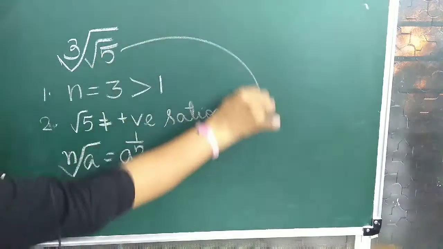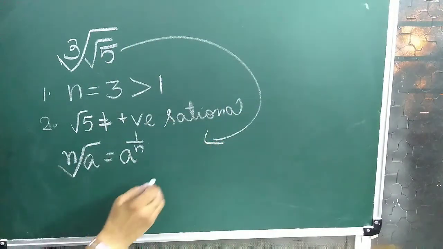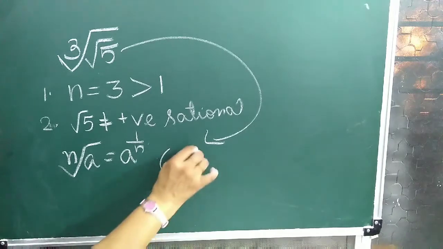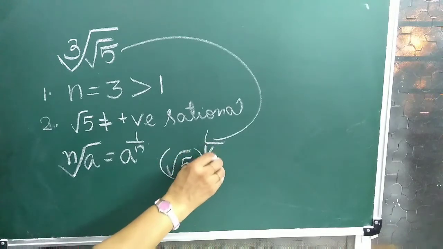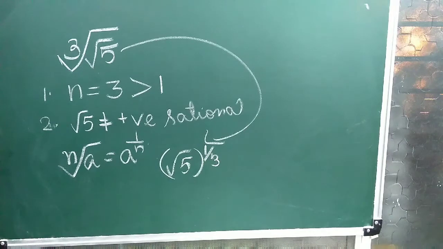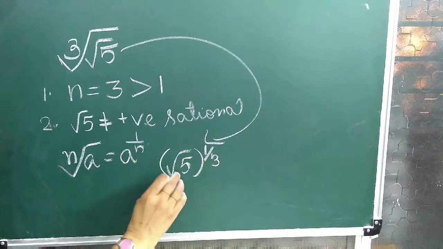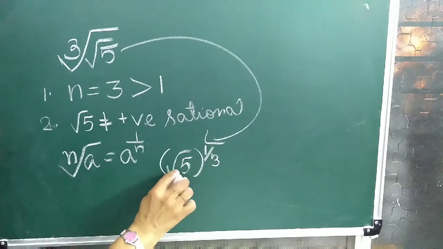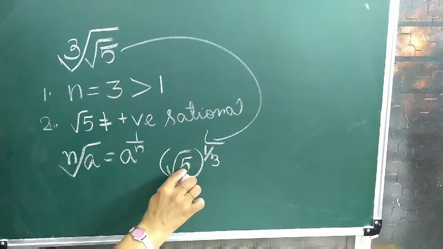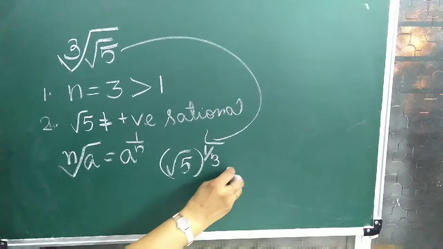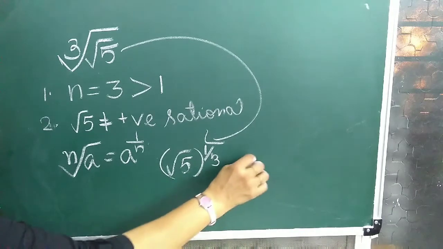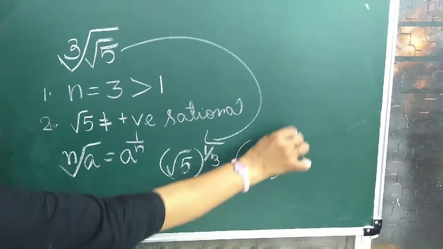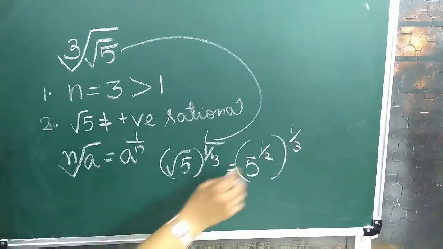So this number can be written as root 5 whole to the power 1 upon 3. And again we know this root 5, that is square root 5, can be written as 5 to the power 1 upon 2 whole to the power 1 upon 3.